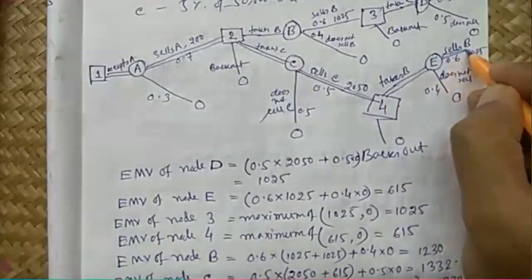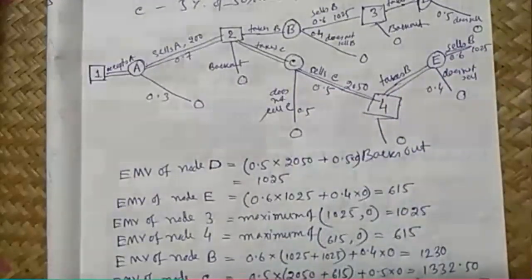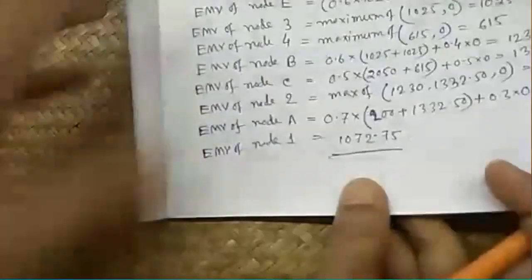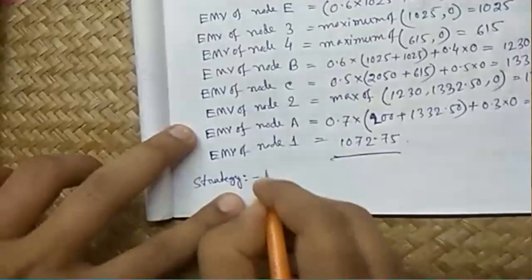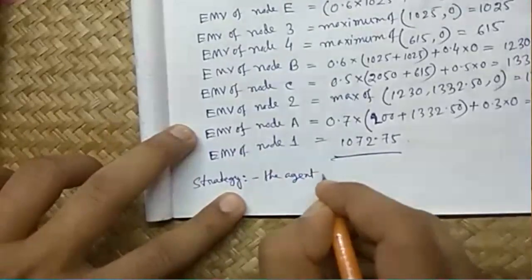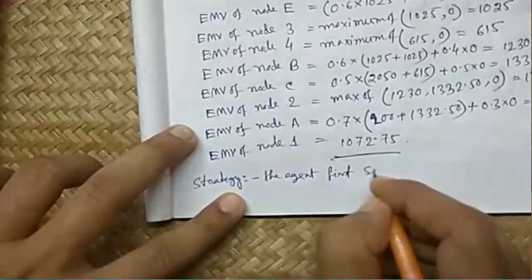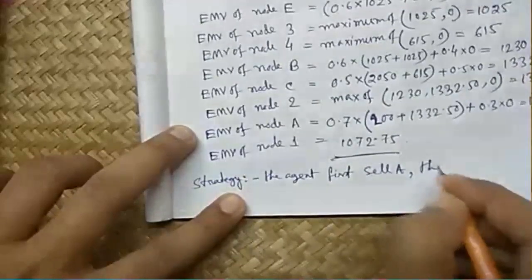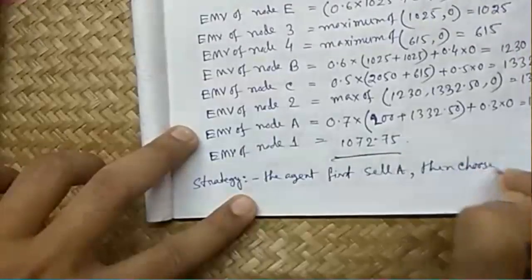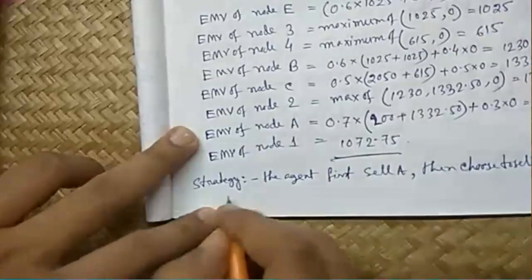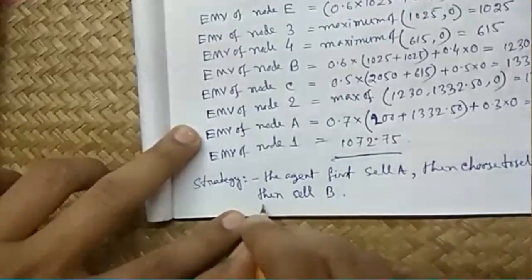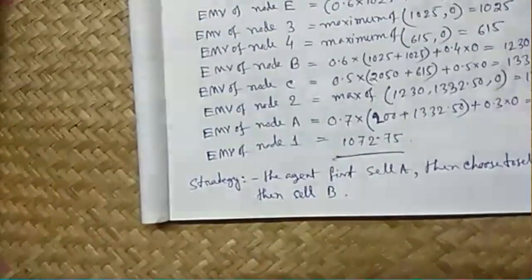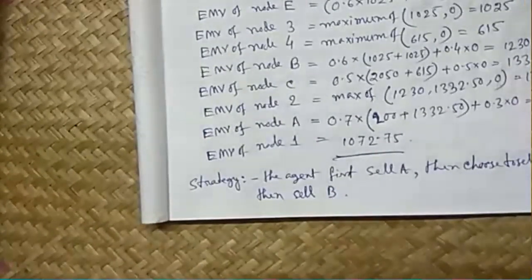So this double line path shows the strategy of the real estate agent. The agent first sells A, then chooses to sell C, then sells B. In this way, he can achieve his maximum profit looking at the probabilities.